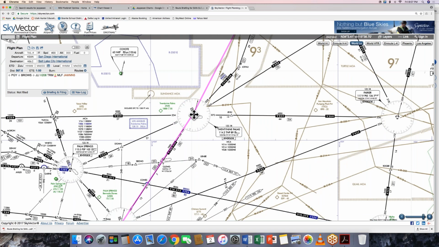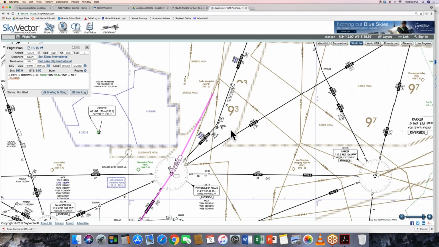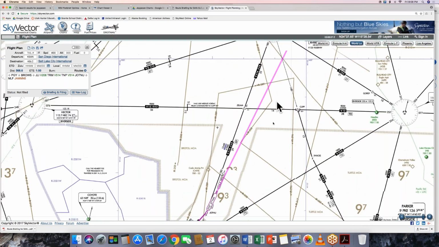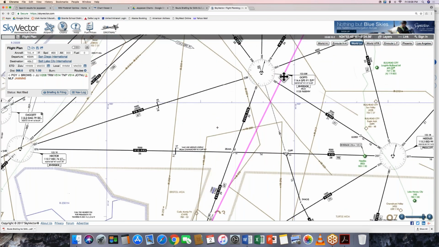So I can do that for each one of my waypoints, I can just drag and drop it. 29 Palms VOR, come up here to this waypoint, John 2 waypoint, to Goffs.